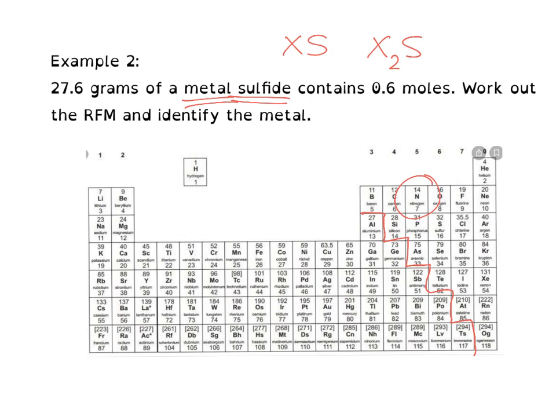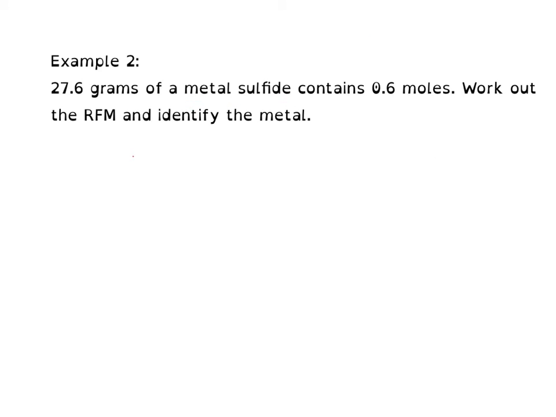Well, it turns out that 7 goes into 14 twice, and there is a metal, lithium, that does have a mass of 7. And so we can work out 14 divided by 2 is 7, which equals lithium. The formula of the sulfide would therefore be Li2S.